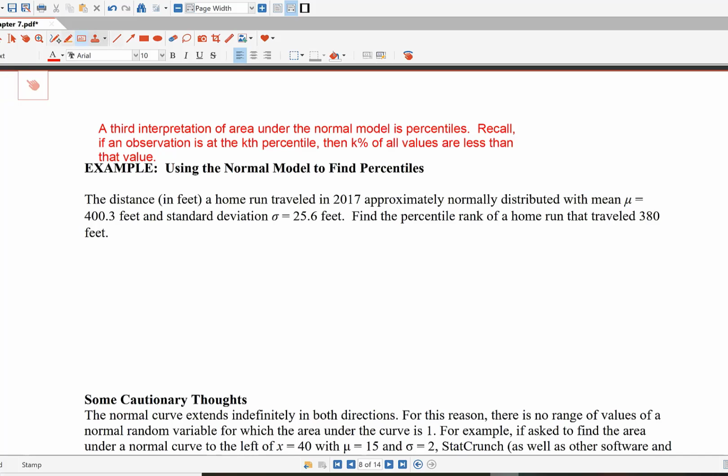To help you visualize what we're going to be doing, we'll once again draw our model. The mean is 400.3. The standard deviation is 25, so 380 is going to be right around here.